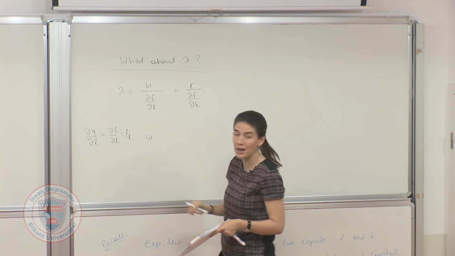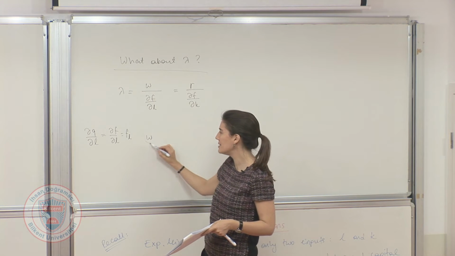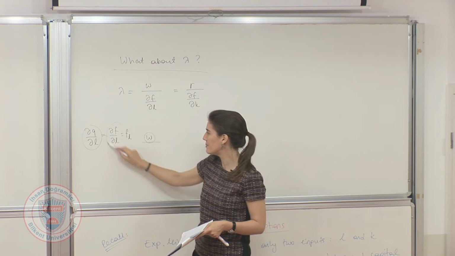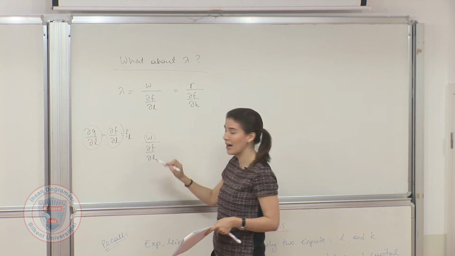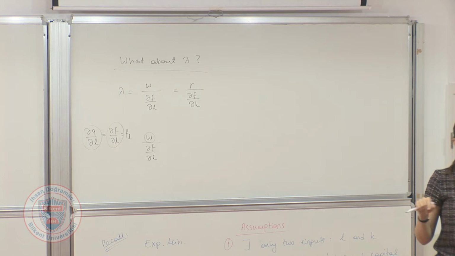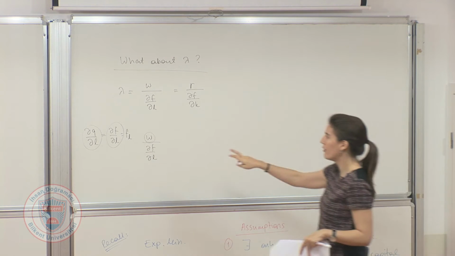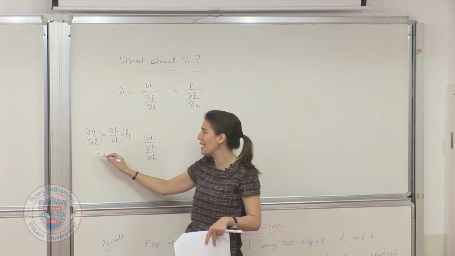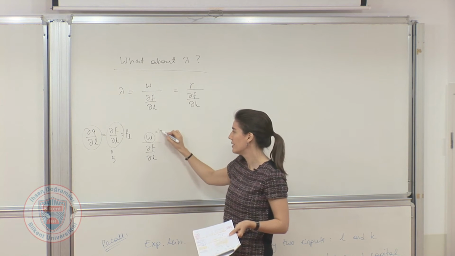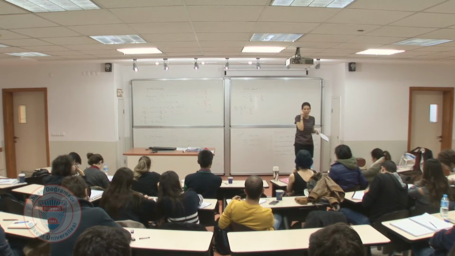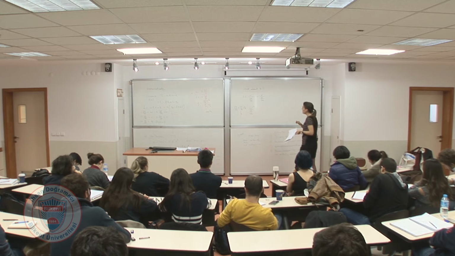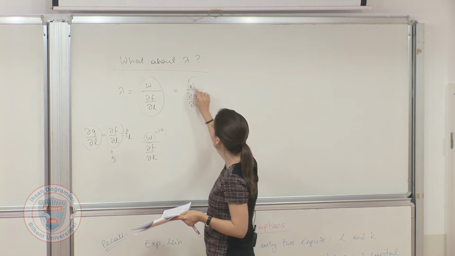So I pay him this much money, but he brings me this much output. For 1 unit of extra output, how much money did I pay? Wage over del f over del L. Suppose this worker brings me 5 extra units and the wage is 10. Then 1 extra unit of output costs me 2. You can say the same thing about capital.